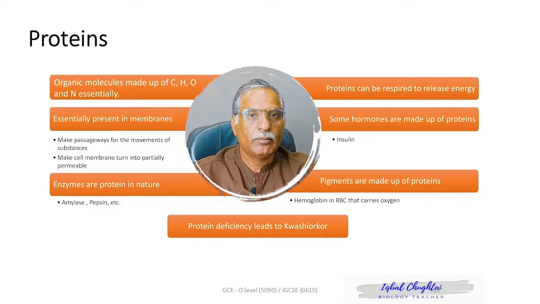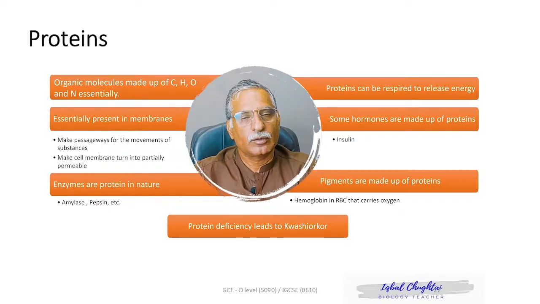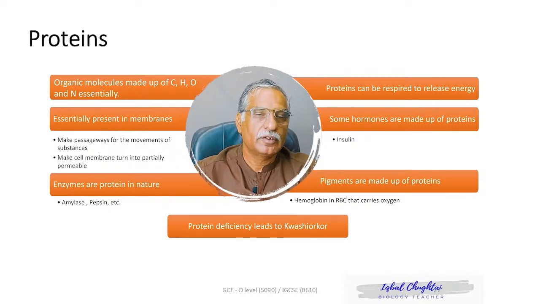At the same time, pigments like hemoglobin found in the red blood cells, that is responsible for the transport of oxygen, and similarly chlorophyll, found in the chloroplast of the mesophyll cells in the leaves, is also a pigment. So they are protein pigments. Without chlorophyll there is no photosynthesis. Without hemoglobin there is no oxygen transport.